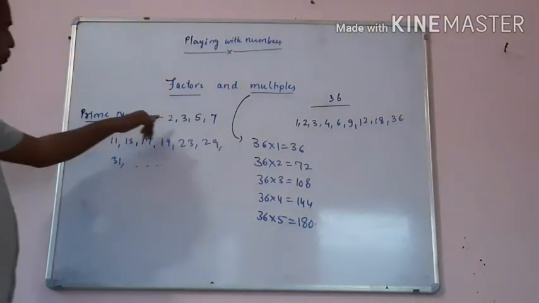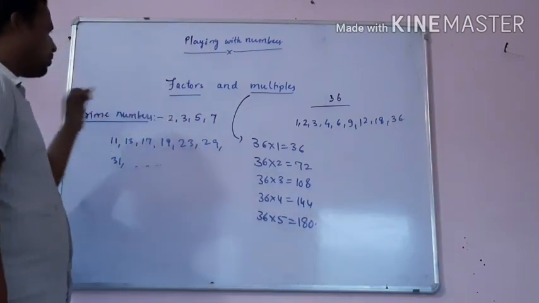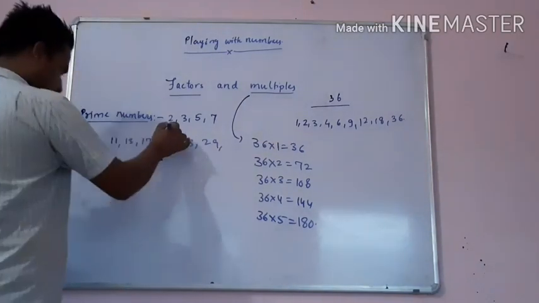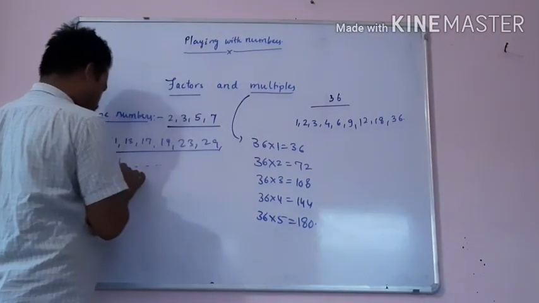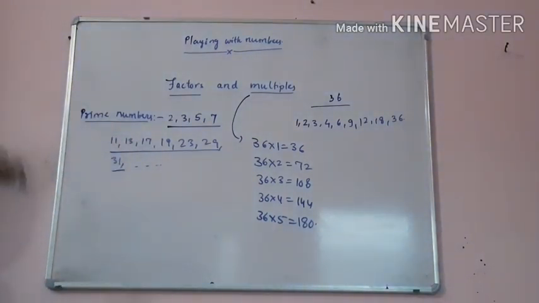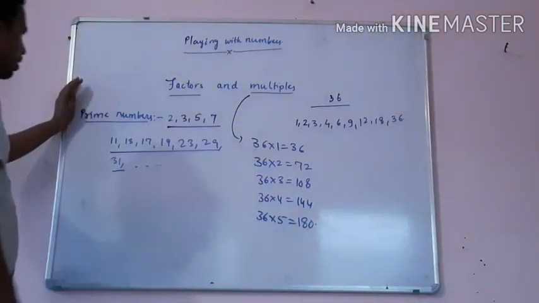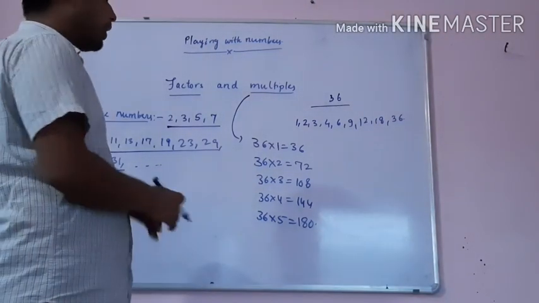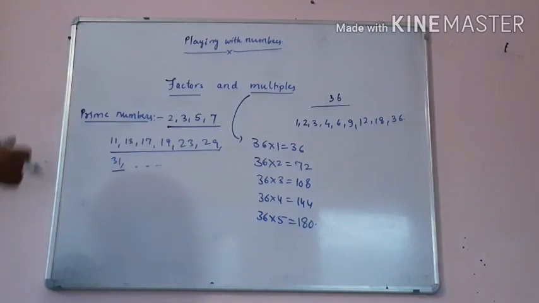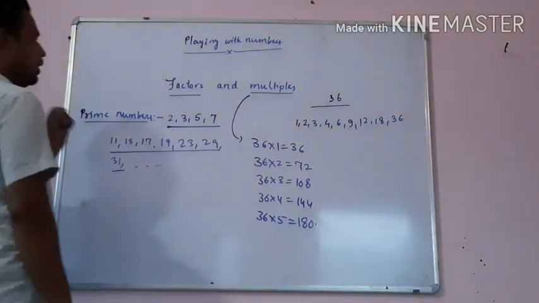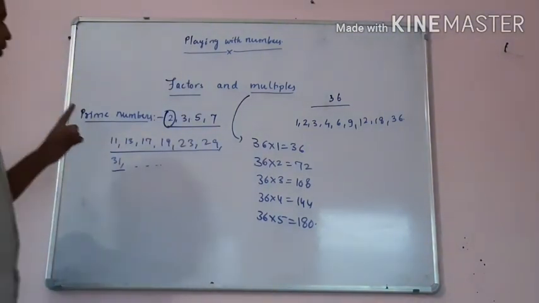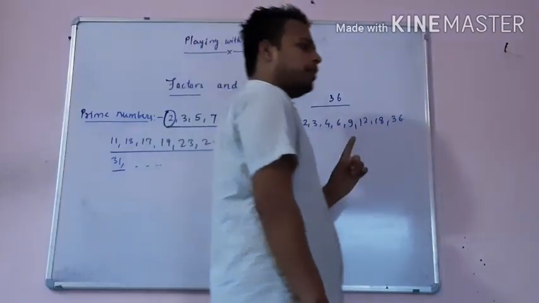Here 2 has factors 1 and 2, 3 has factors 1 and 3, 5 has factors 1 and 5. So all these numbers have factors 1 and itself. Those numbers are called prime numbers, and 2 is the only even prime number. Other prime numbers are odd.